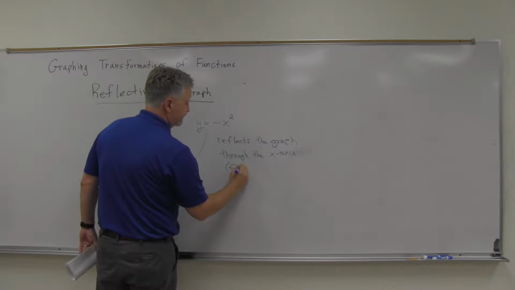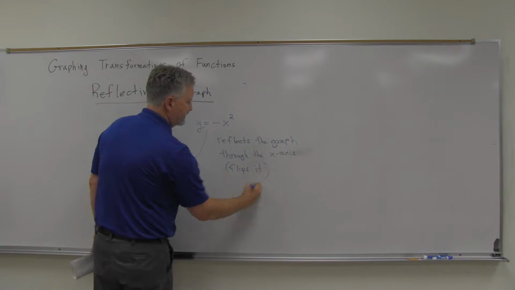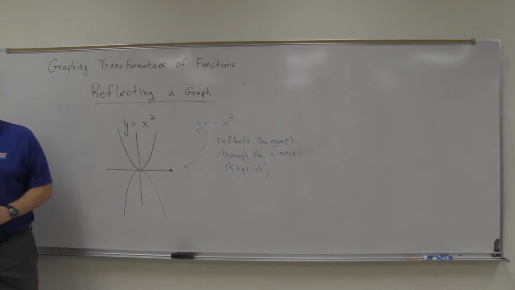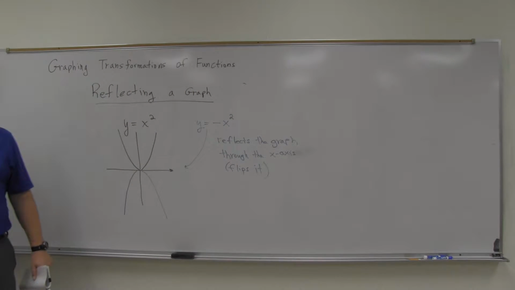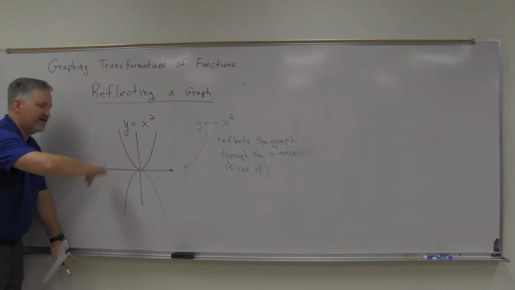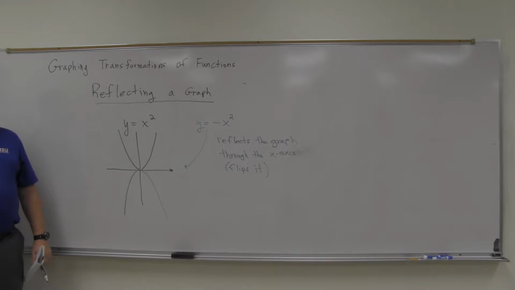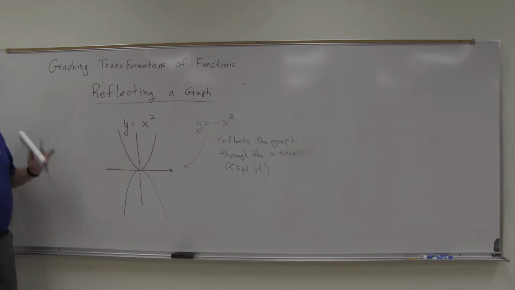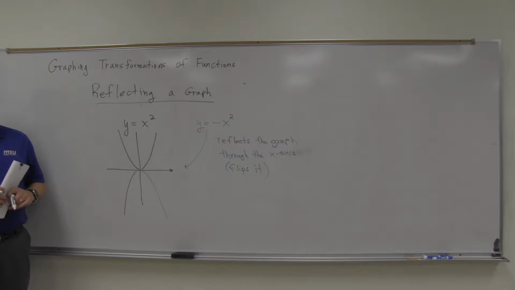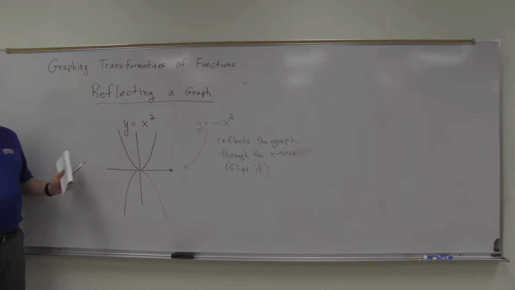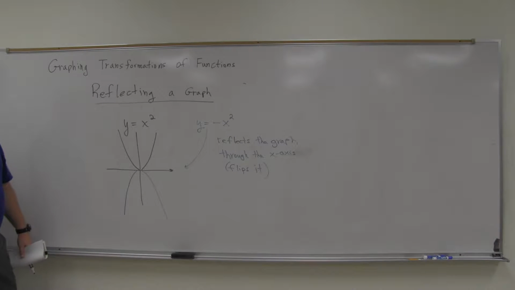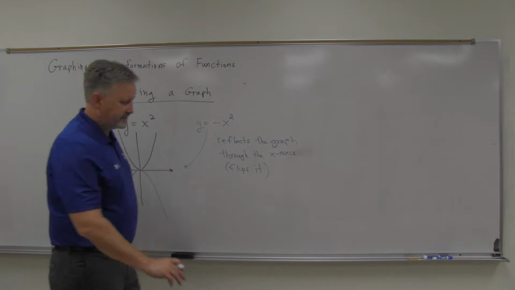Flips it over. To put it in more layman terms, I guess. It flips it over. What was here is now flipped over. Okay? And so putting a minus in front of the function flips it over. Reflects it through the x-axis is a little more accurate, I guess you might say.